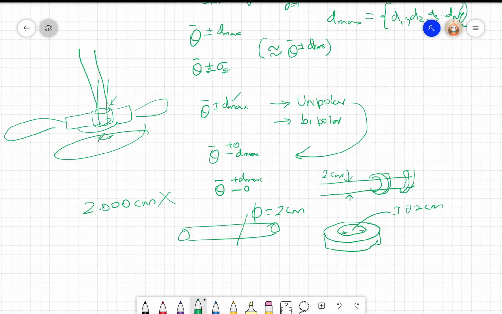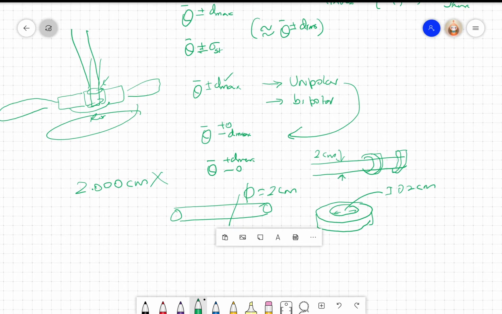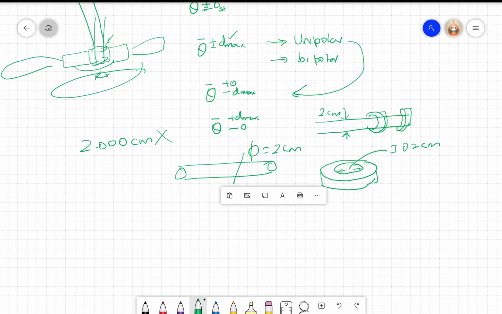So when you give the specifications for manufacture, you say 2 centimeters plus or minus, let's say, 50 micrometers, or we call 50 micron. The inner diameter, again here we say 2 centimeter plus or minus 50 micrometer.